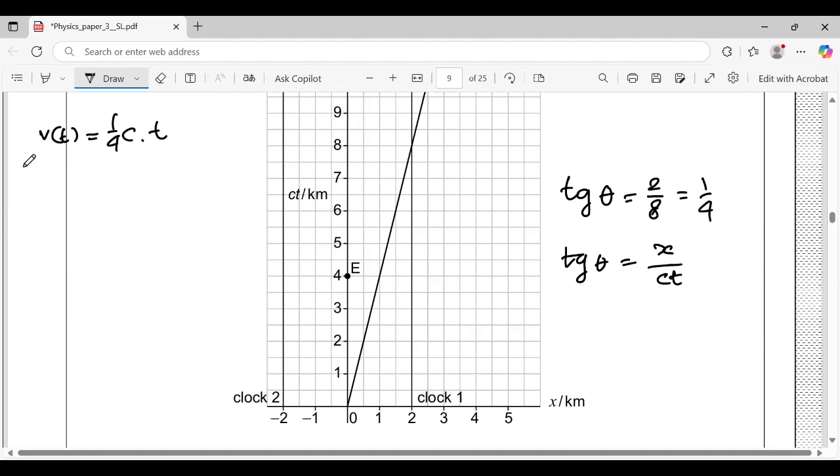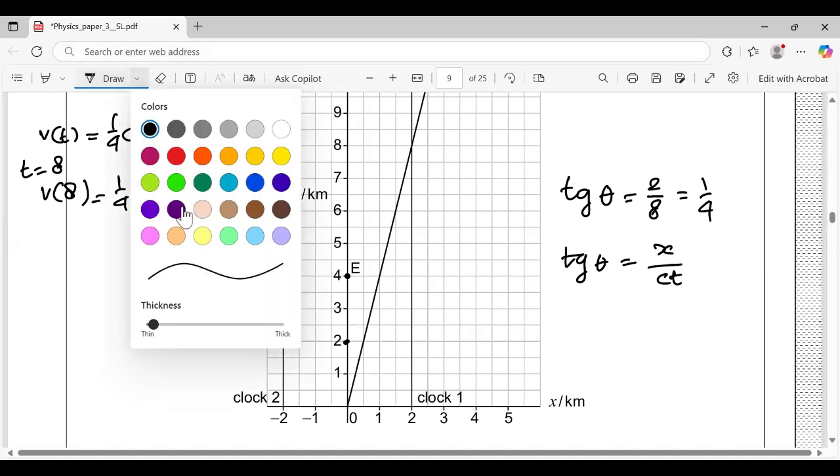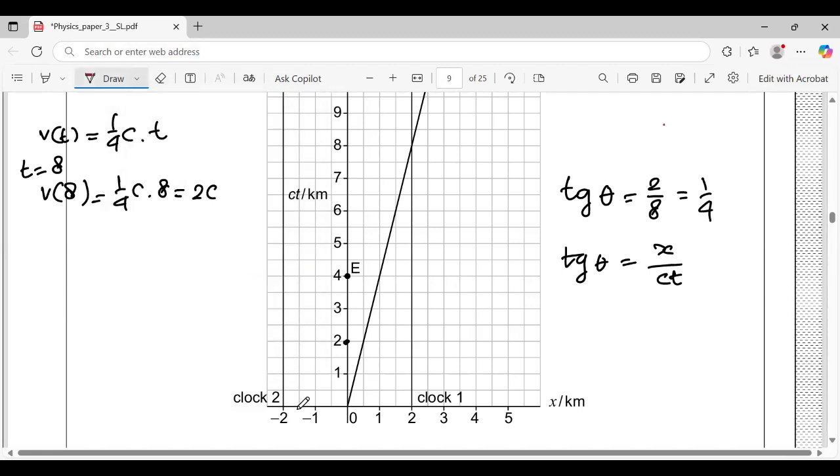When t equals 8, it means v times 8 equals 1/4 c times 8, so it's going to be 2c. So to see the position here, we are going to connect them. I will sketch using this color.